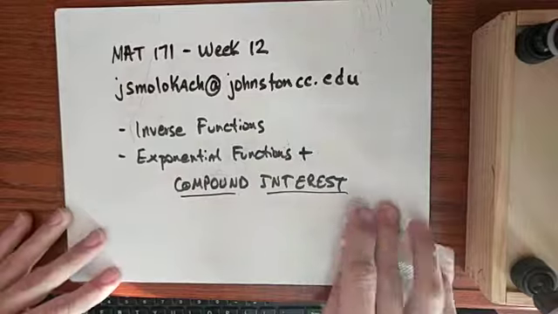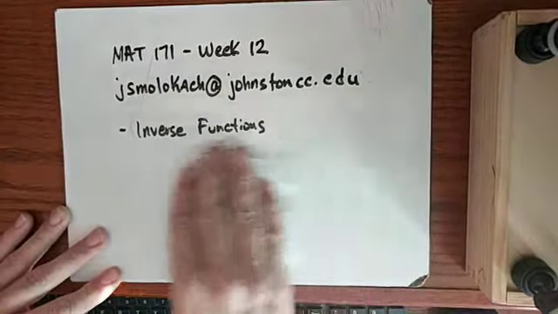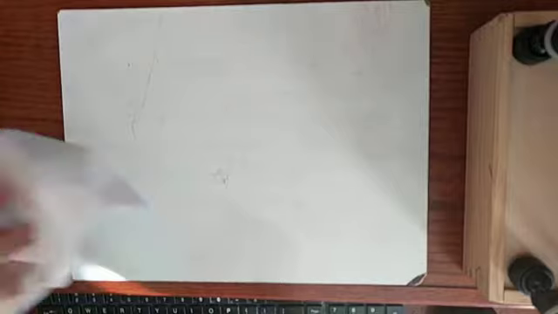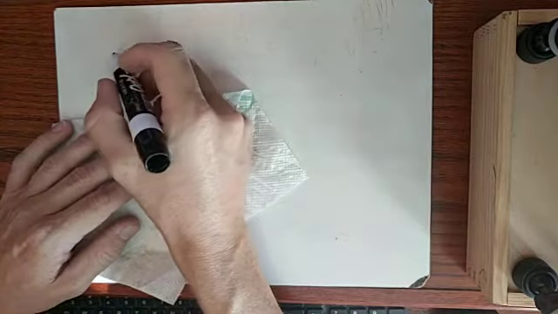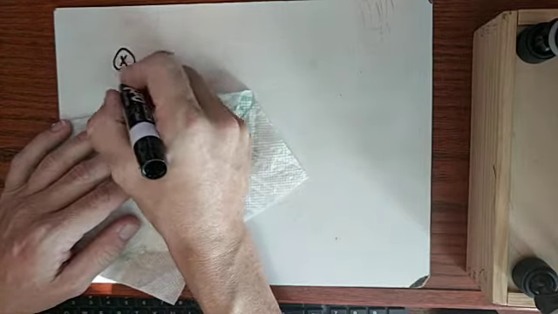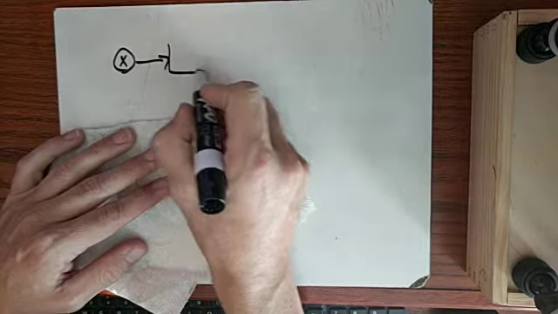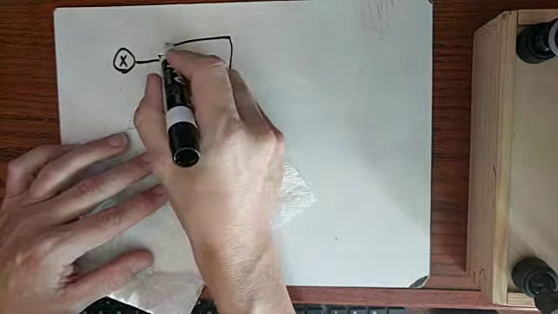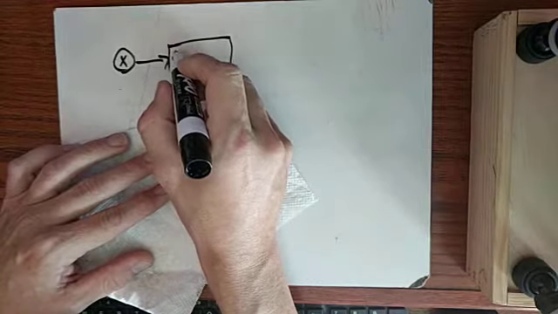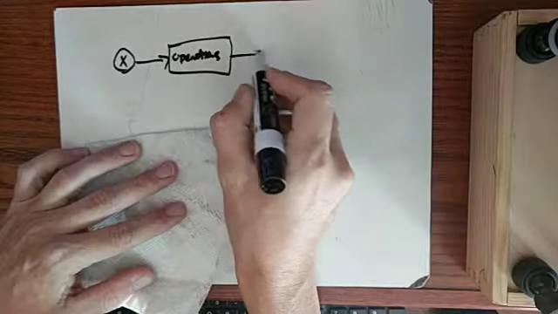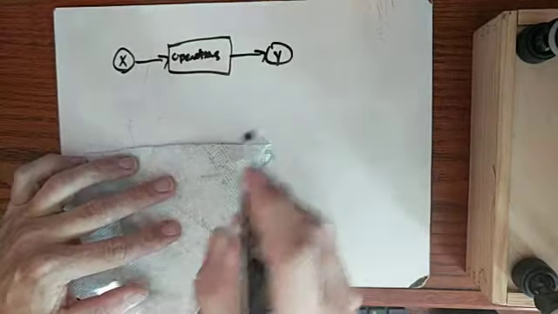Okay, good. So what is an inverse function? Okay, well, think about what a function does. A function takes an input usually called x. That's the domain variable. It does some set of operations, and then you get a range variable, right?